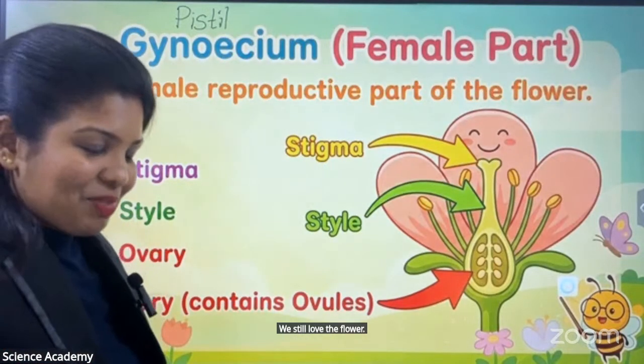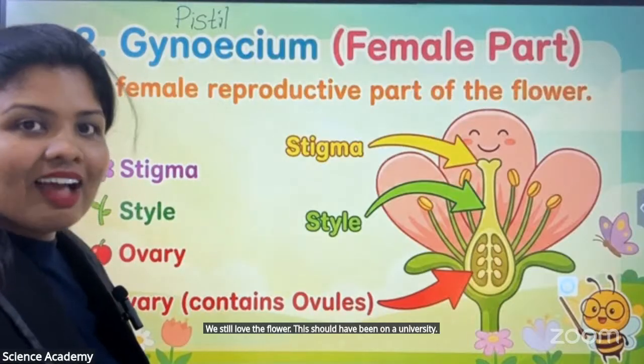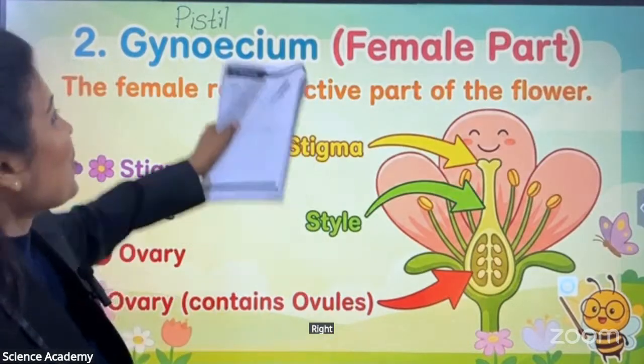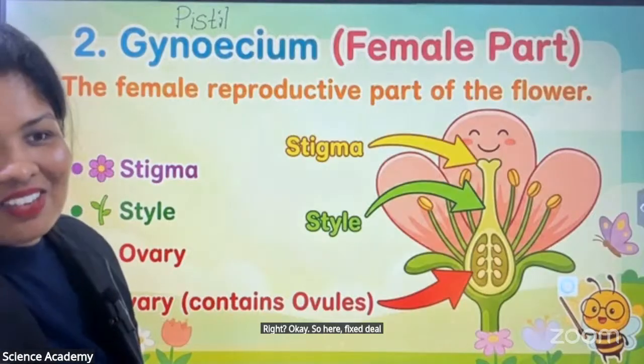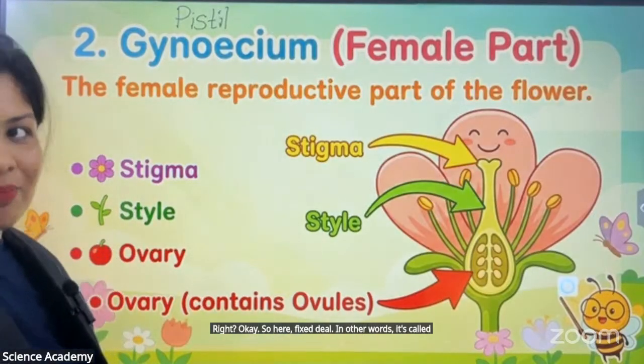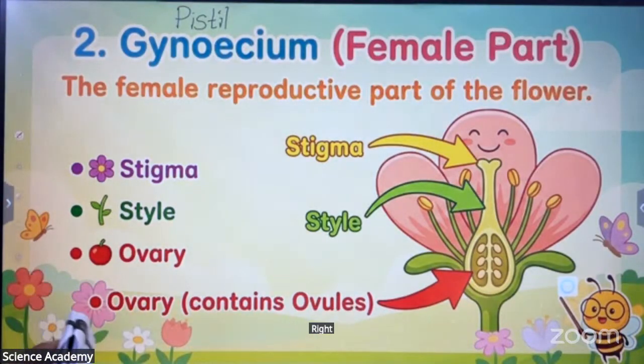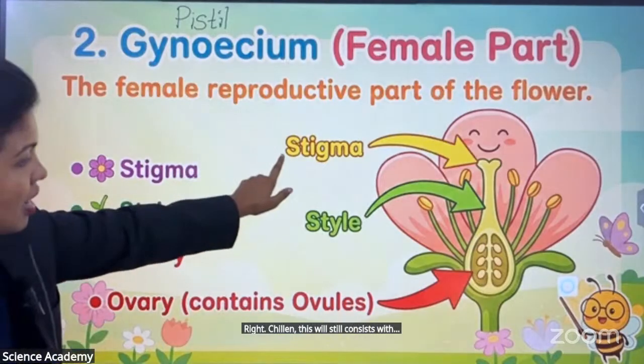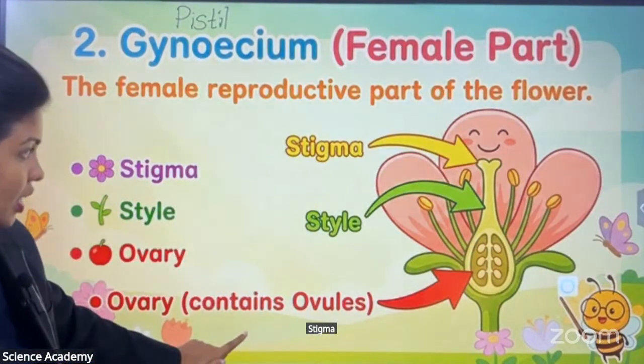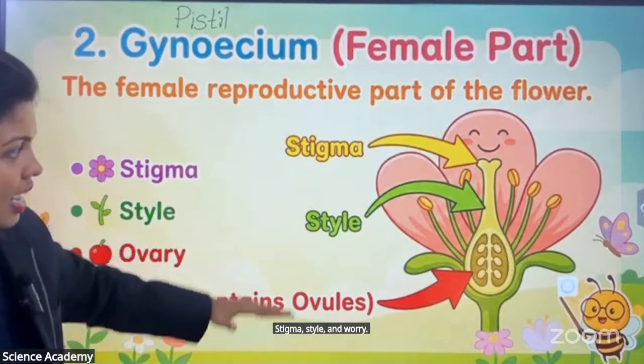You would go crazy during the exam if you don't know these words. Right? Okay. So here another word is called pistil. Children, this pistil consists of stigma, style, and ovary.